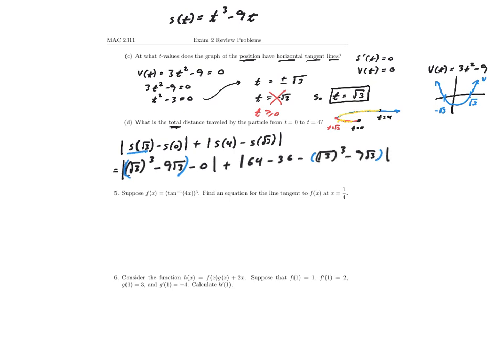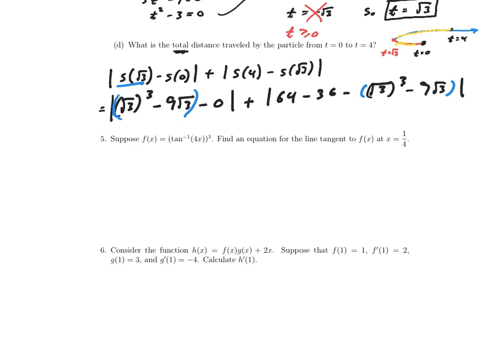Alright, so let's clean this up. What do we get here? Square root of 3 cubed is just equal to 3 square root of 3, minus 9 square root of 3, with absolute values. Plus 64 minus 36 should be 28, minus the part in blue, which we already know is 3 square root of 3 minus 9 square root of 3.